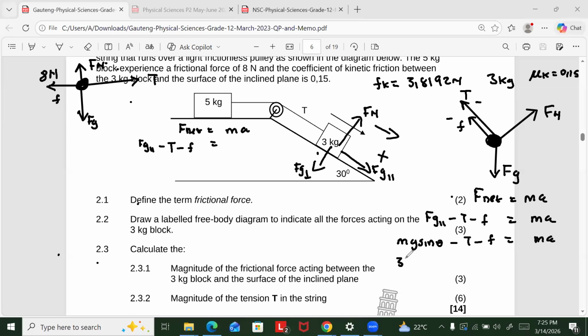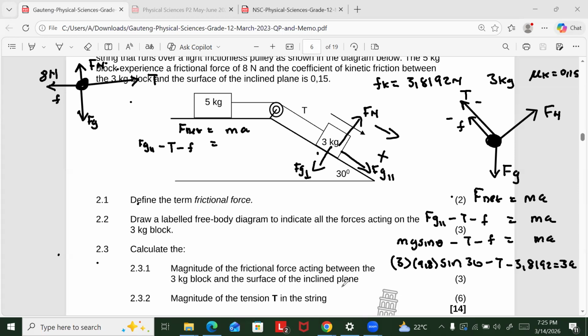Mass is 3, times 9.8 sine of angle 30, minus tension, minus the frictional force 3.8192, is equal to mass 3 times acceleration, which we don't know.